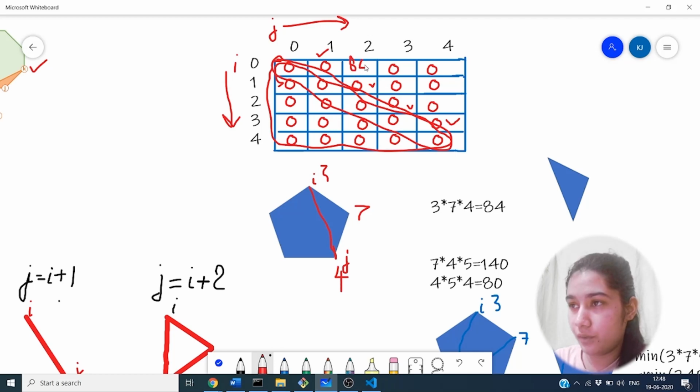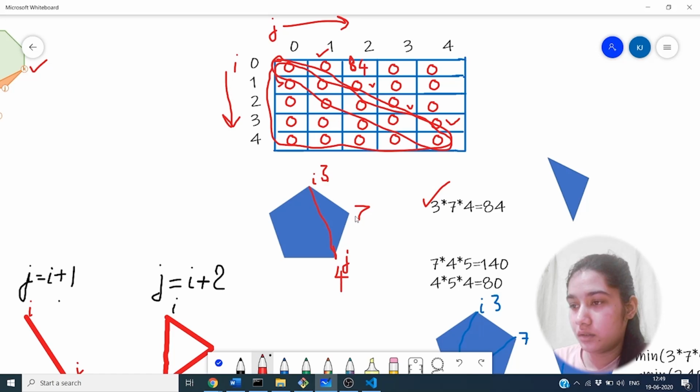That is 84, because i is 0, j is 2. So its vertices are given as 3, 7 and 4. So 3 into 7 into 4 is equal to 84. So we have filled the table with i 0 and j 2 as 84.